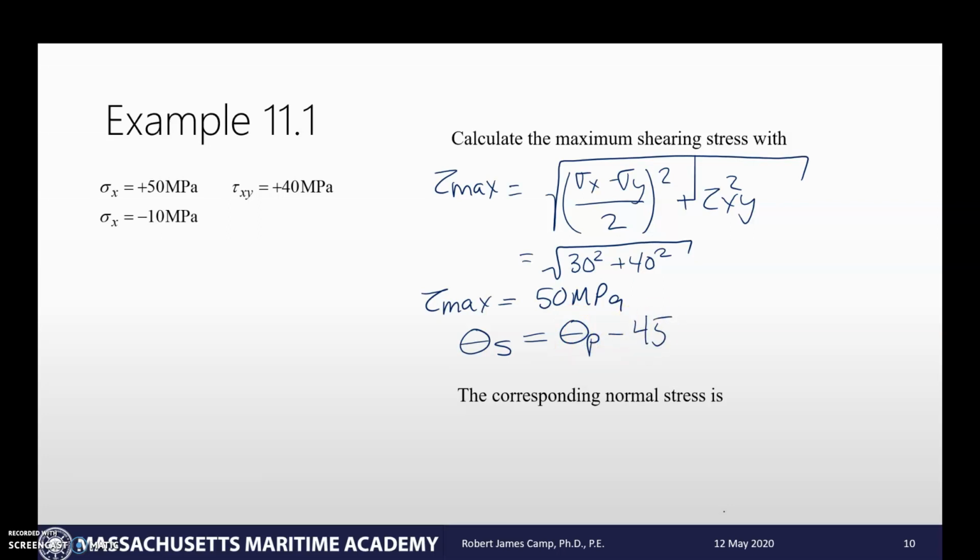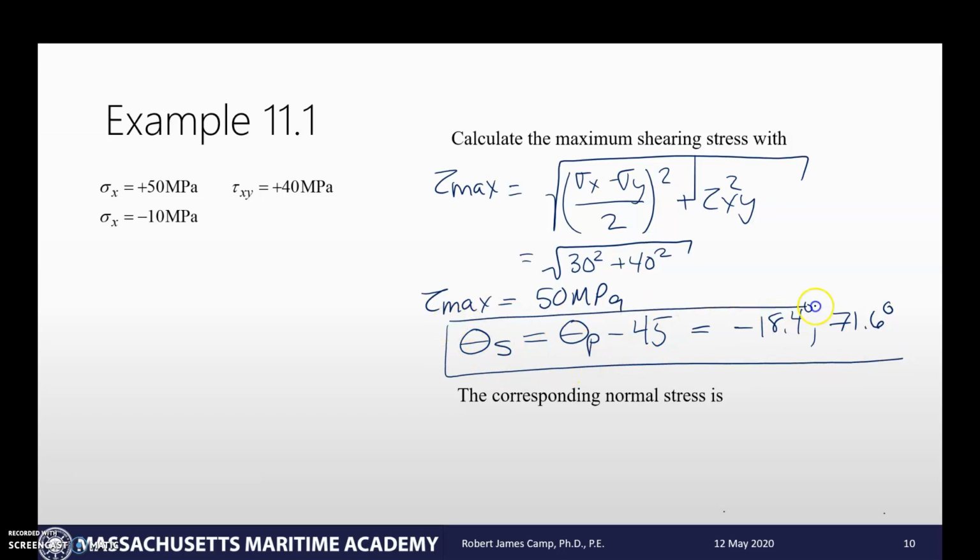And so I already calculated that stuff out from before, so if I do that, I get negative 18.4 degrees for my first principal shear stress, and then my second one would be 71.6. So there's my shear angles.